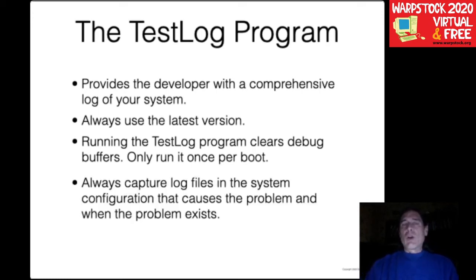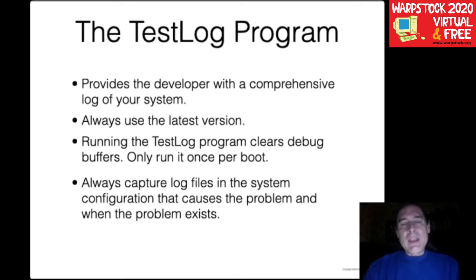And as I said earlier, always capture log files in the system configuration that causes the problem, and if possible, when the problem exists and as close to when the problem occurs. Now, obviously, if the problem causes a trap, you can't run the TestLog program after a trap. But in any case, always in the same configuration that caused the problem.